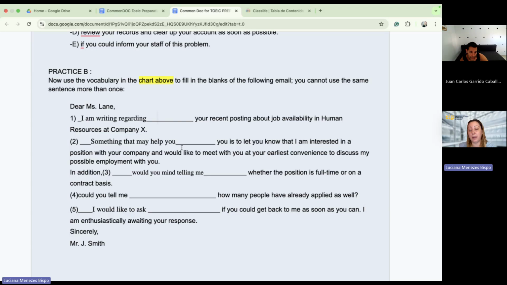Number 2 is not correct. I feel like this is the sentence that took more time for me, because I was comparing the sentences and nothing really fit in my head. Something is writing true, but regarding... Okay, is to let you know that I'm interested.